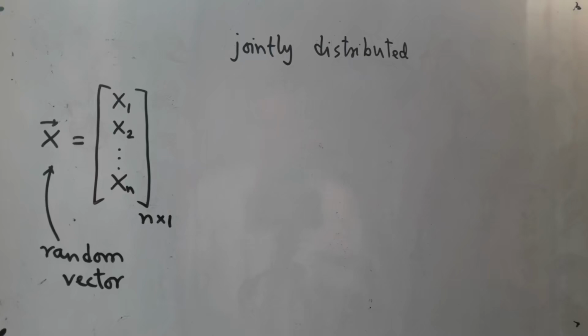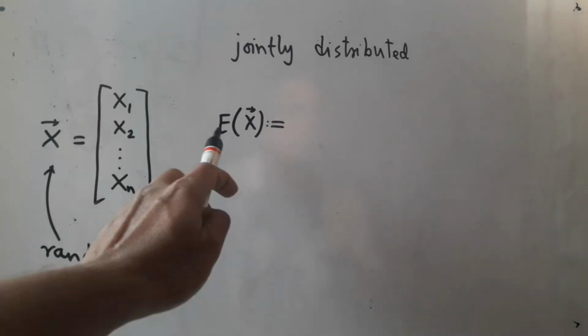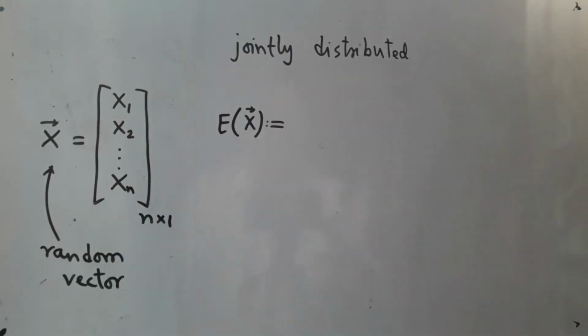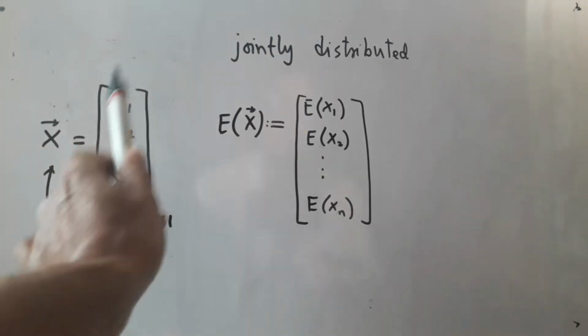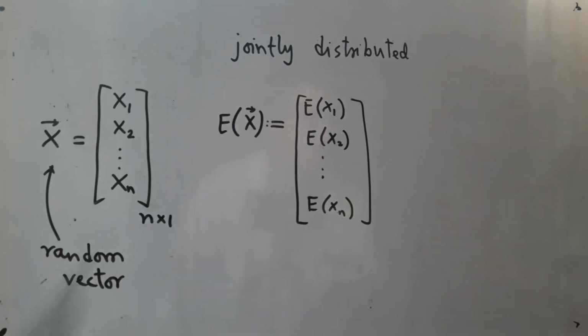Now we are going to discuss how to define expectation and dispersion or variance of a random vector. The expectation of a random vector x is defined as another vector of the same size where I have taken expectation component by component.